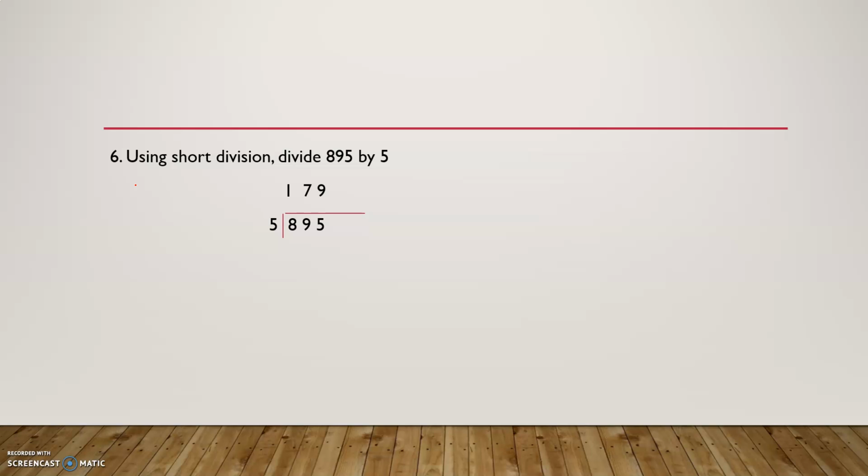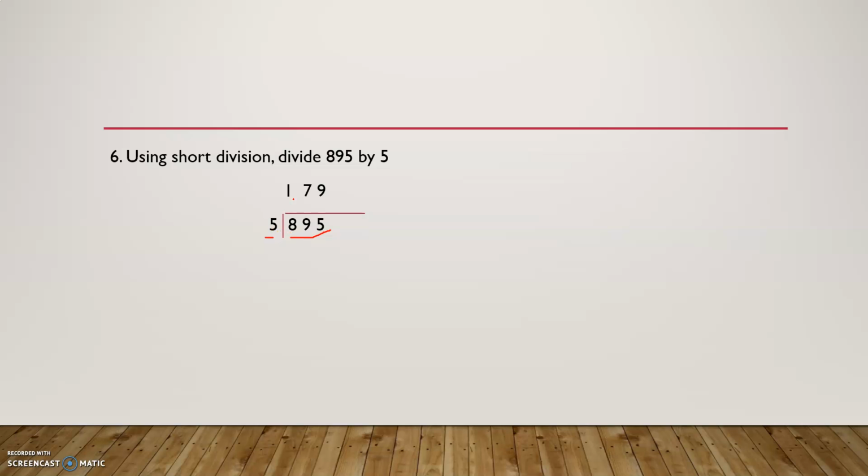Okay, example number 6. It says using short division divide 895 by 5. So we write 895 here, and then we put 5 there. So now we divide 895 by 5. So how we do is, 5 goes 1 times into 8.